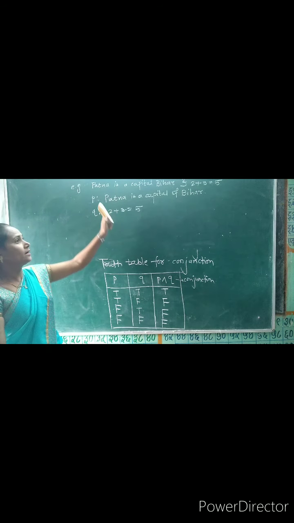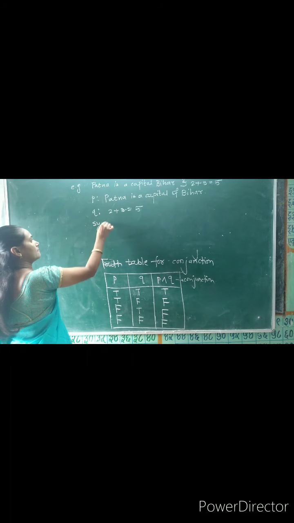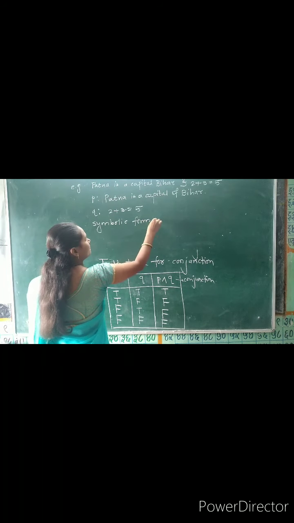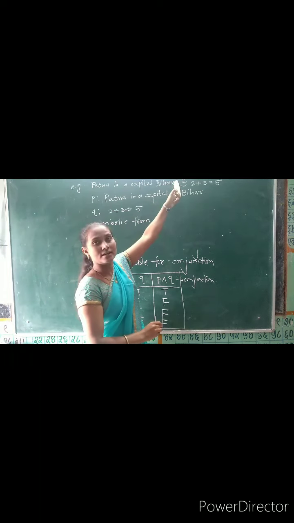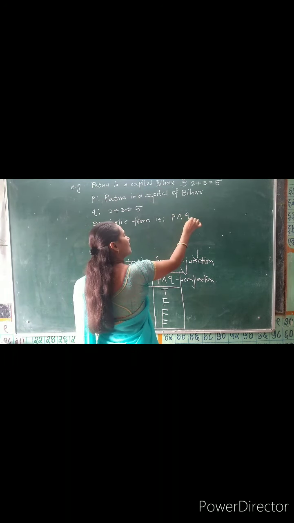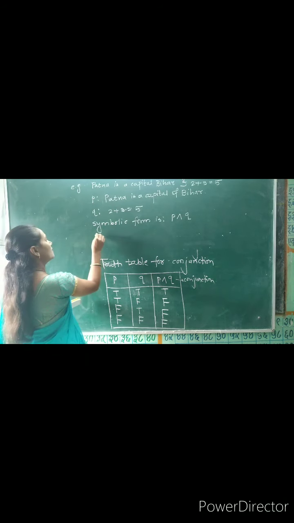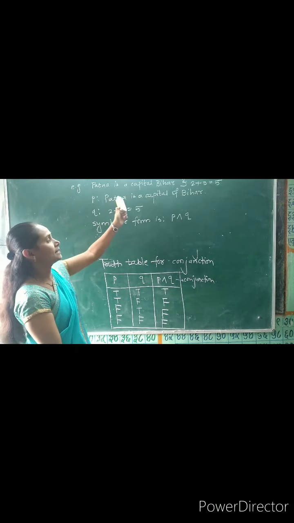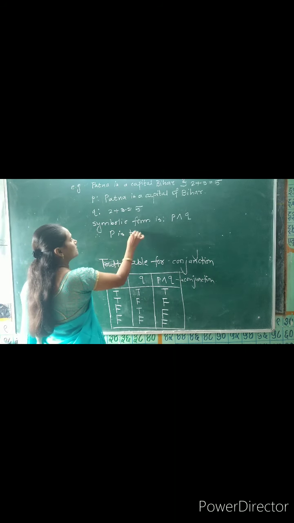Here P and Q are two statements. Both statements are joined by using the logical connective and, so its symbolic form is P and Q. The first statement P, Patna is a capital of Bihar, all of you know is true. Therefore P is true.